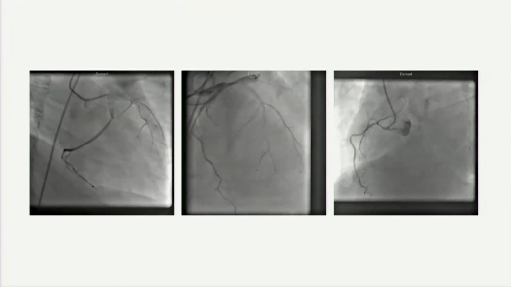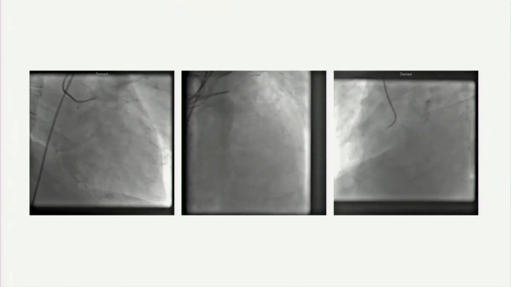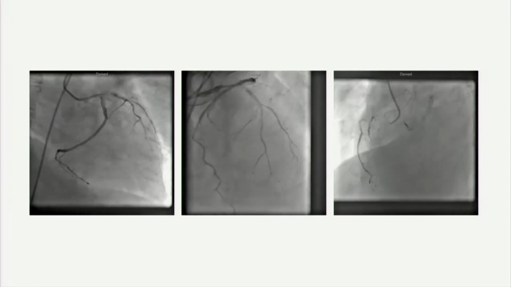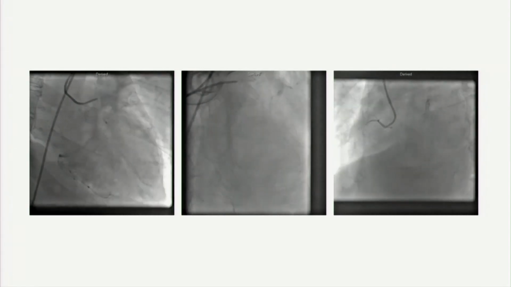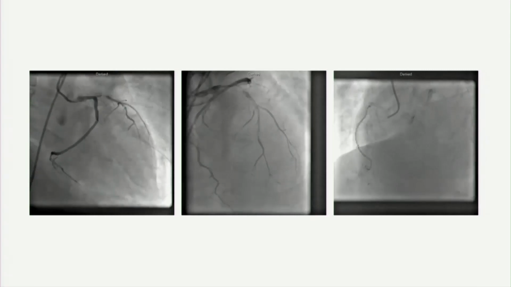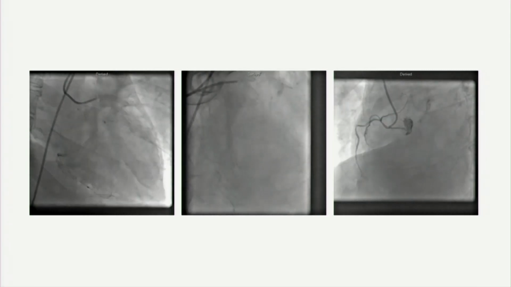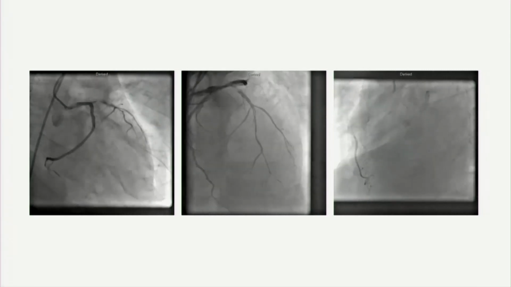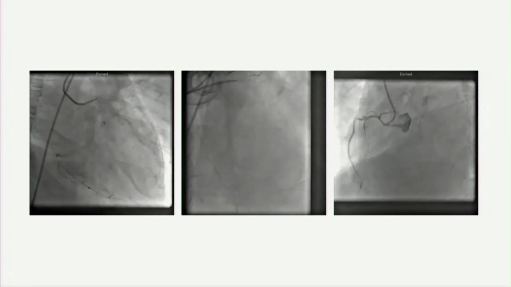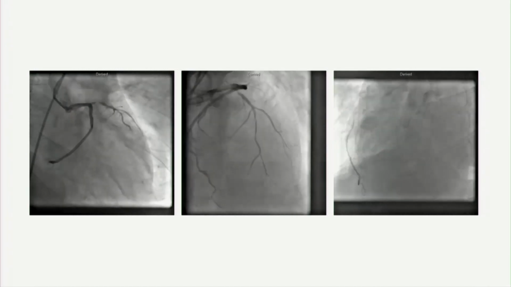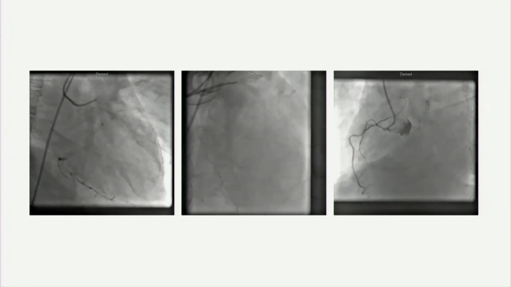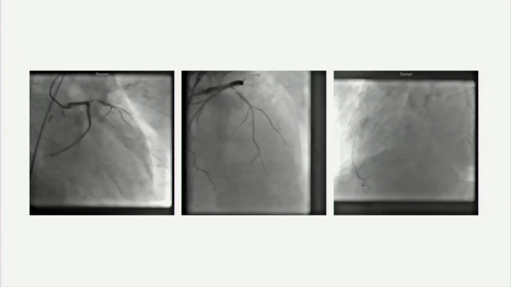So you can see that there was the OM which was totally occluded. He came with cardiogenic shock, so the patient had an intra-aortic balloon pump inserted. The OM was totally occluded, and the LAD had a calcified long segment proximal lesion, along with a lesion just beyond the diagonal, which was 60-70%.